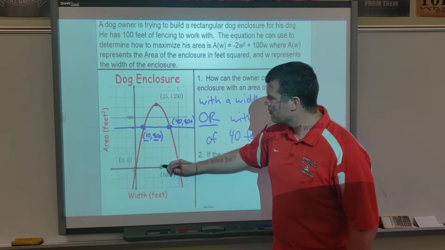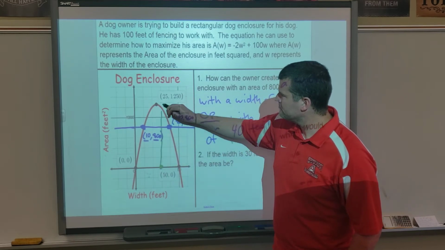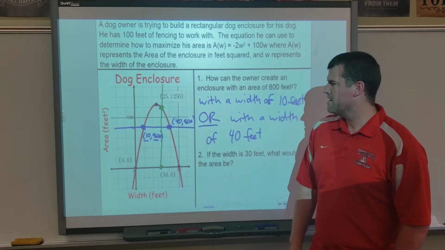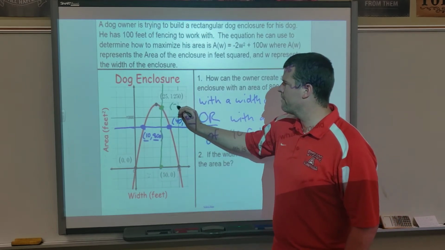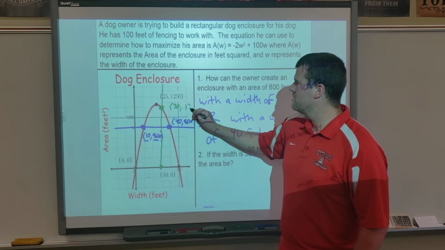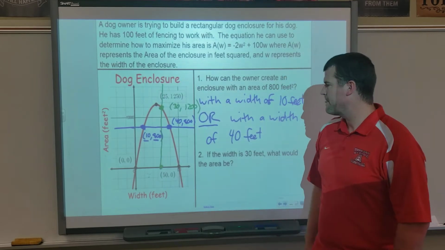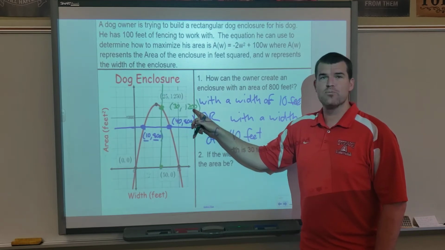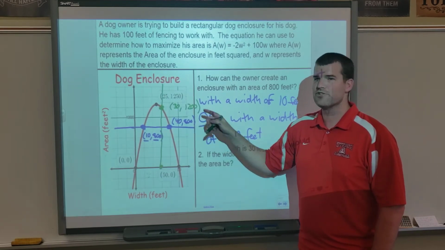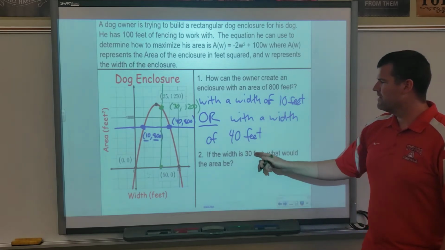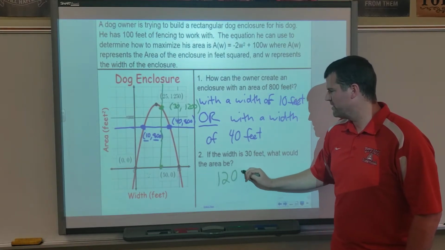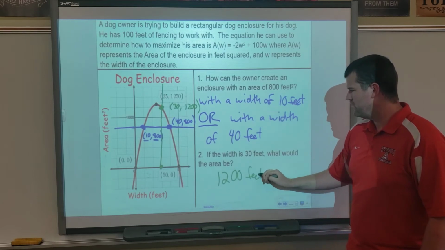So if I draw a vertical line this time, I can see that that hits the parabola right here, which is the ordered pair 30, 1200. So I know that if the width is 30 feet, my area will be 1,200 feet squared.